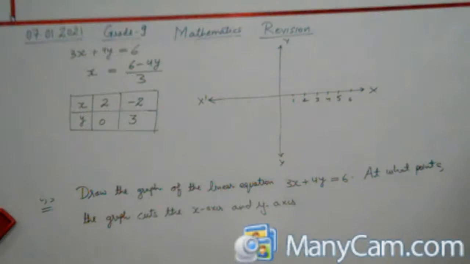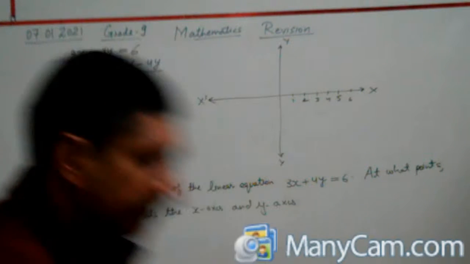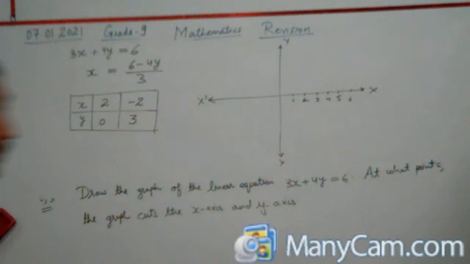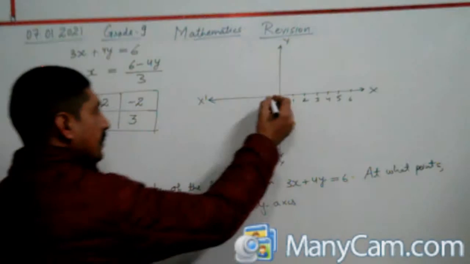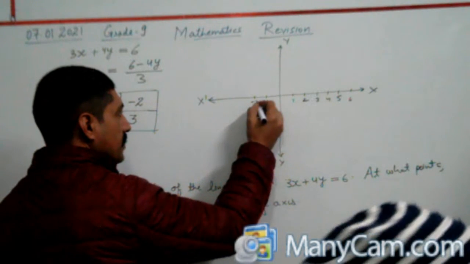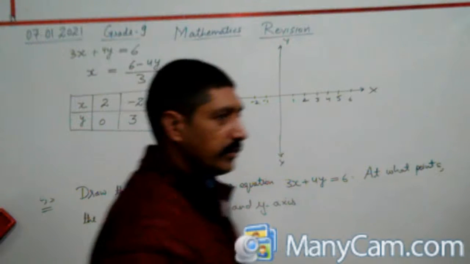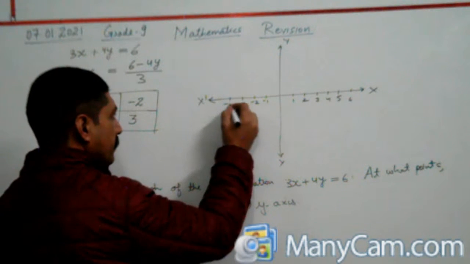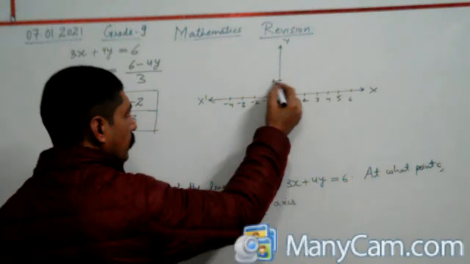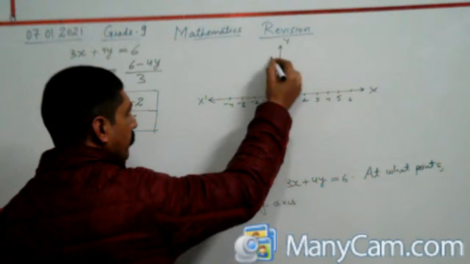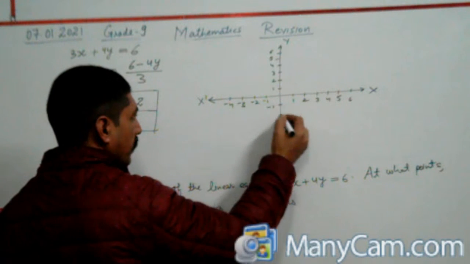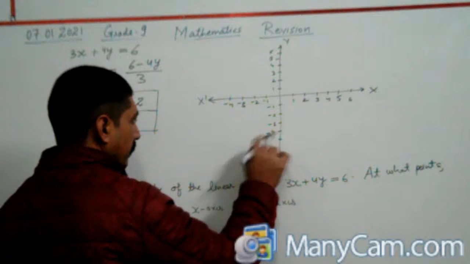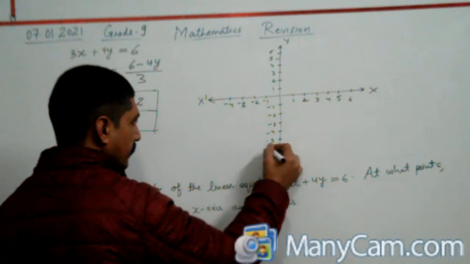Here there is minus 1, minus 2, minus 3, minus 4, then 1, 2, 3, 4, 5, 6, and minus 1, minus 2, minus 3, minus 4, minus 5, minus 6, right?